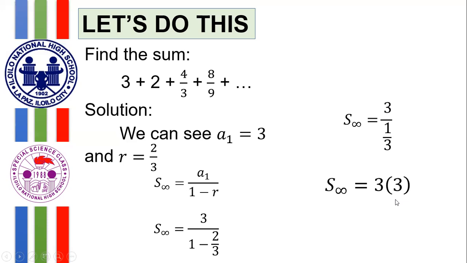That's why you have 3 times 3, and that is 9. And S sub infinity is 9. And therefore, you could see that using the technique we had earlier and using the formula for an infinite converging geometric series, we get a finite value of 9. I hope you got it.